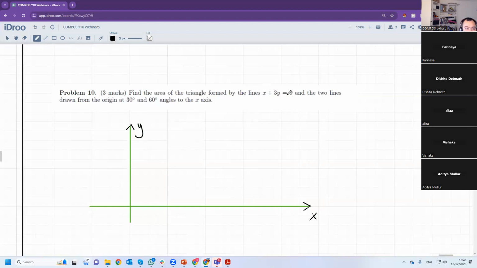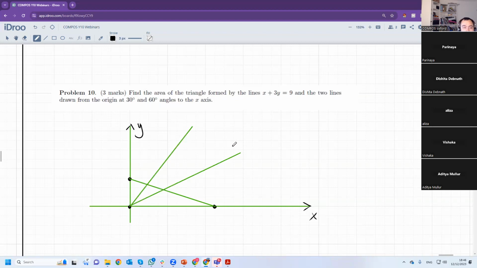So that's 9 and 3. So that's the line in question. And then 2 lines drawn from the origin. So this is the origin at 30 and 60 degrees.